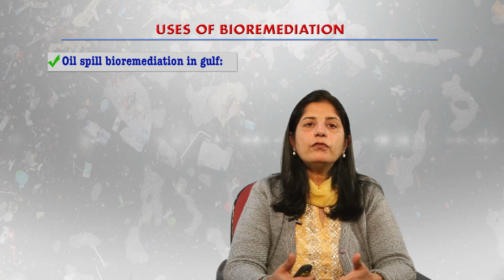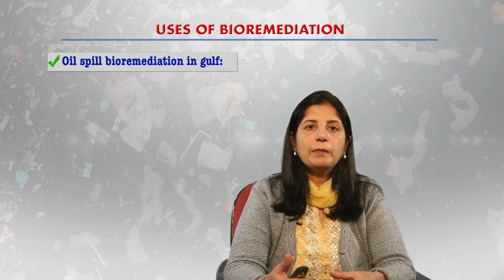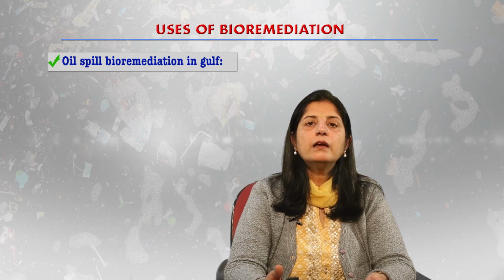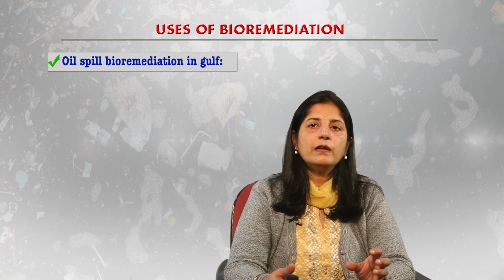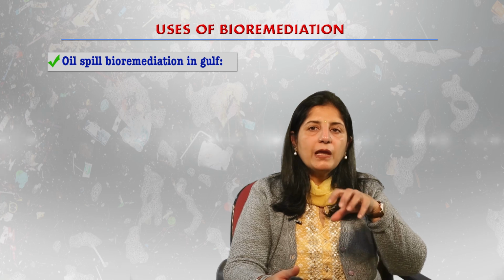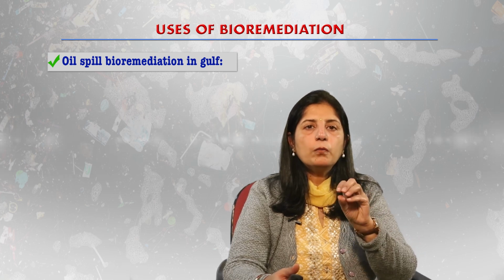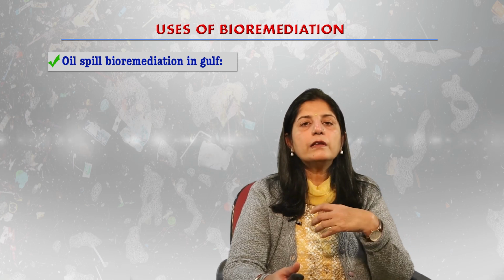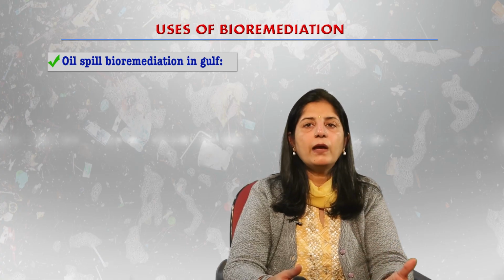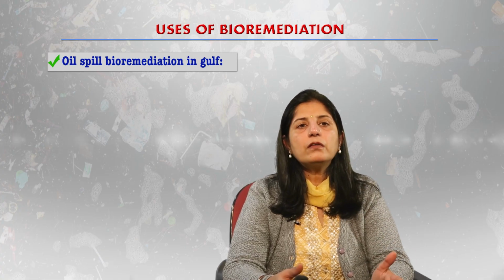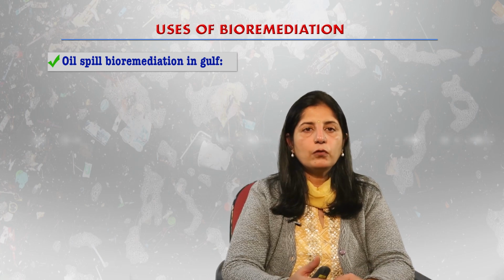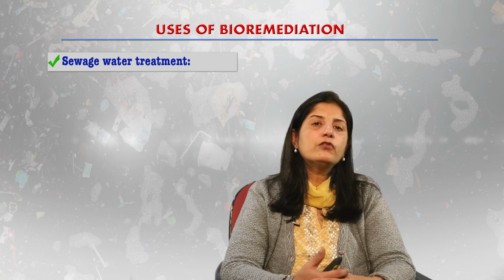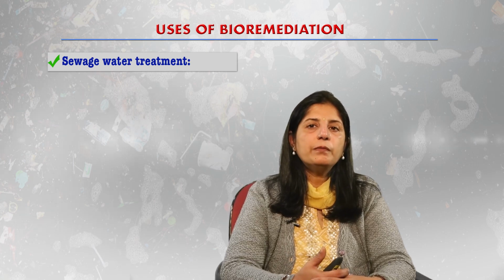However, in case of massive oil spills, biostimulation is done by adding dispersants. So, what are these dispersants? They break or disperse the oil into small droplets. As a result they are easier for bacteria to handle, and these dispersants also act as a source of energy for these microbes.